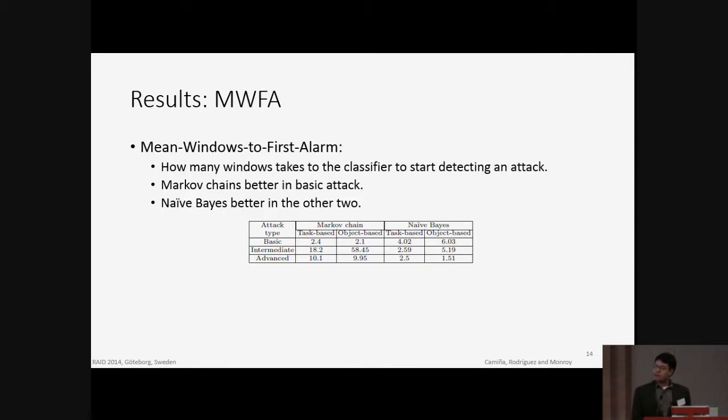Other important results that we got is the mean windows to first alarm. That is how much each classifier takes before saying, okay, we can detect an attack. Lower is better, because if a lot of time passes before we can detect an attack, then the masquerader can take the information he wants and leave the system. So we can see that the Markov chains in average have a worse mean windows to first alarm.